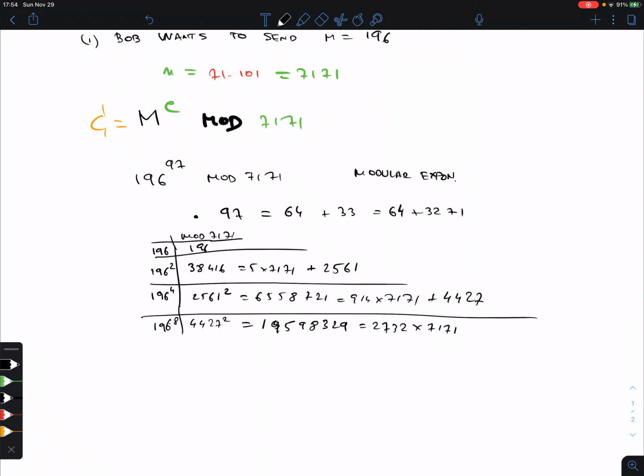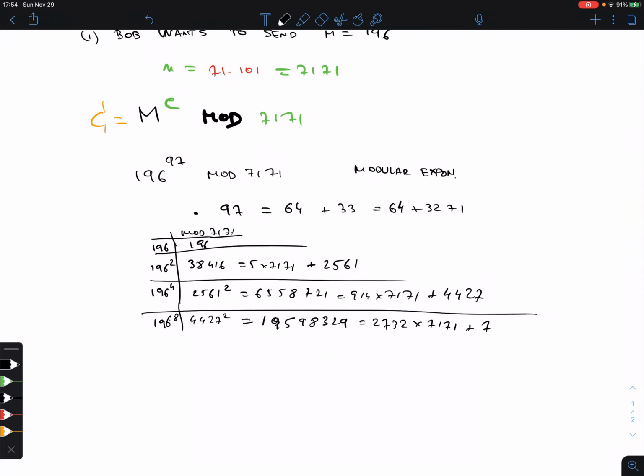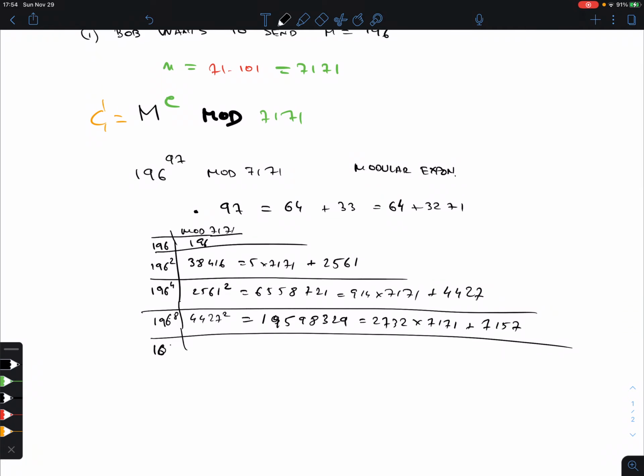That is that number minus 19,598,329. Okay, that is 7,157. Okay, let's square that again. 196 to the power 16, so we do 7157 squared.